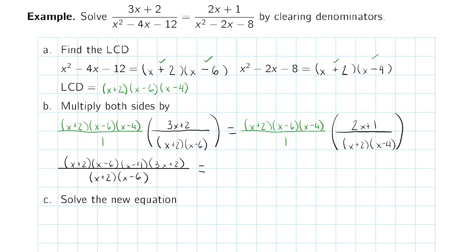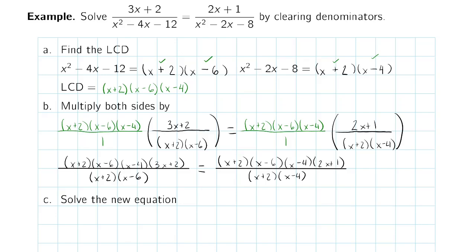And on the right, I'll have x plus 2 times x minus 6 times x minus 4 times 2x plus 1 all over x plus 2 times x minus 4.